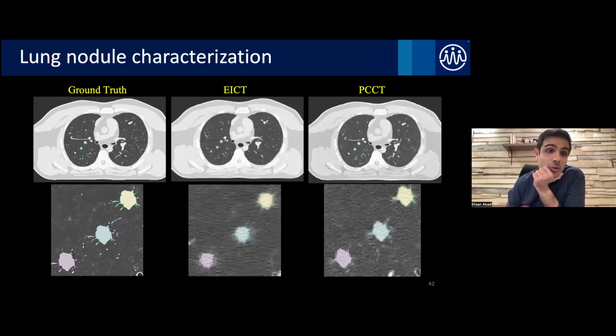In other words, if you have on the left the ground truth human model with the perfect lesions that I'm showing you, and I image it with an energy integrating scanner, the example in the middle, and a photon counting scanner on the right, how are these compared? How are the radiomics features and so forth impacted?